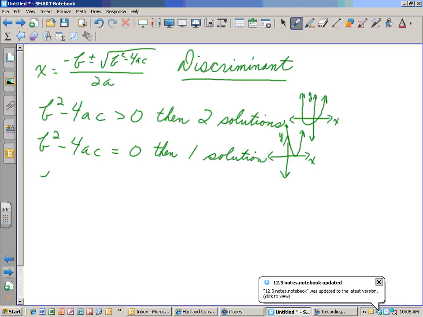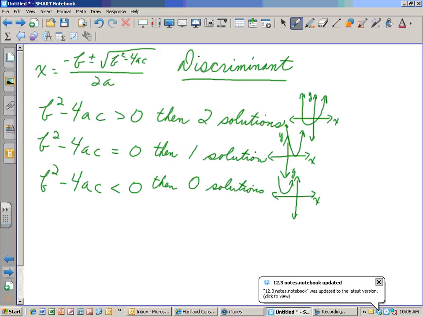If the discriminant is less than 0, meaning if it's a negative number, then there are no solutions. That means that this parabola does not cross the x-axis.